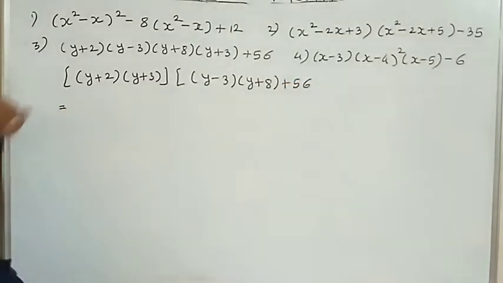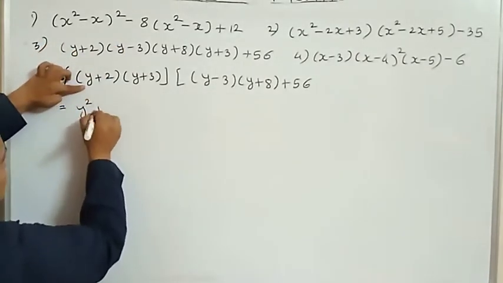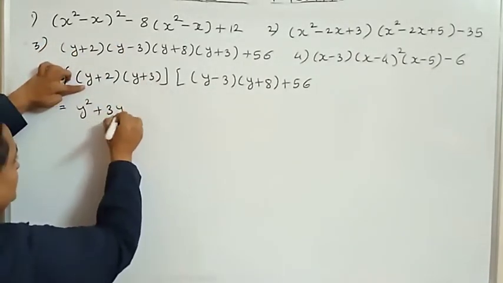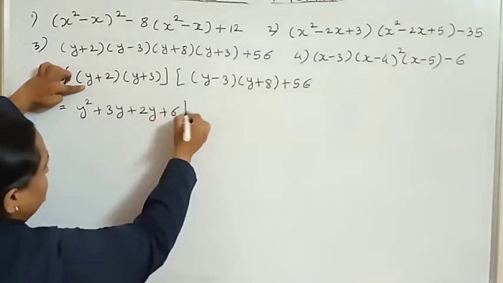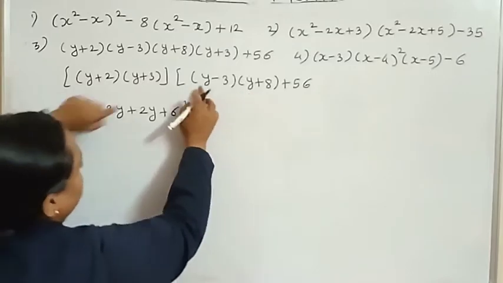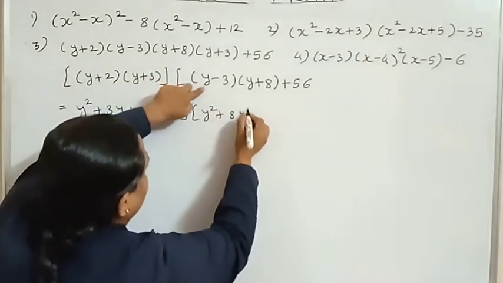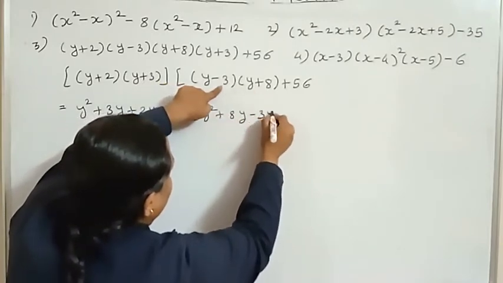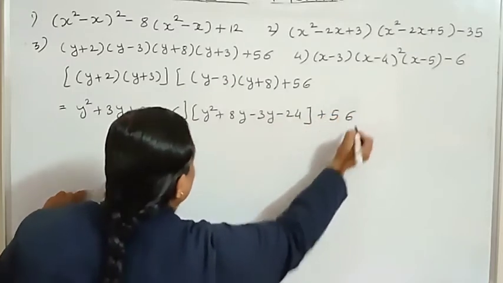Now we will do the multiplication of the brackets. Here first y into y, y square, y into 3, 3y, 2 into y, 2y, 2 threes are 6. Now here the multiplication: y into y, y square, y into 8, 8y, minus 3 into y, minus 3y, minus 24, plus 56.